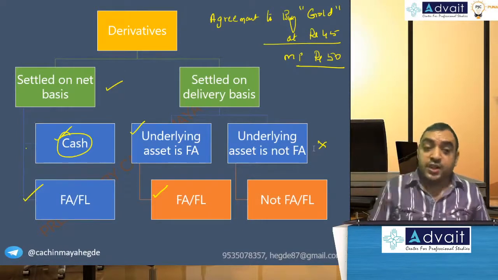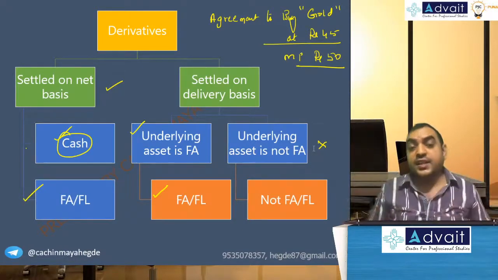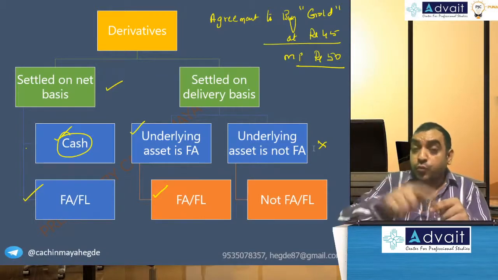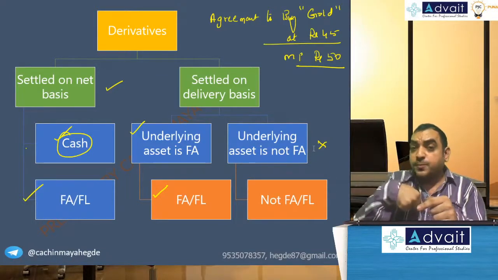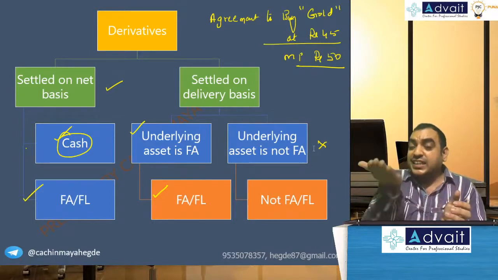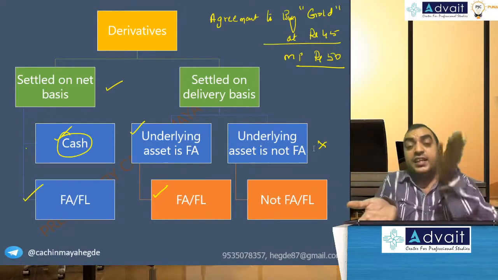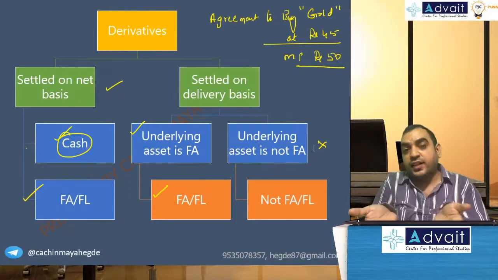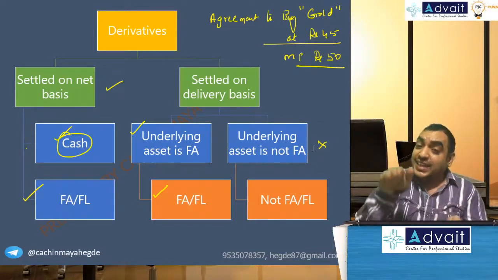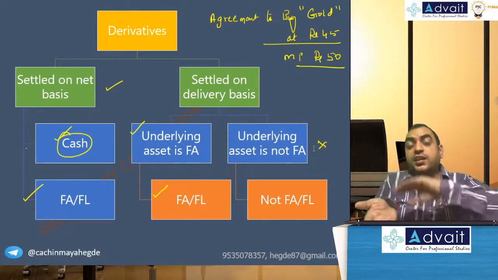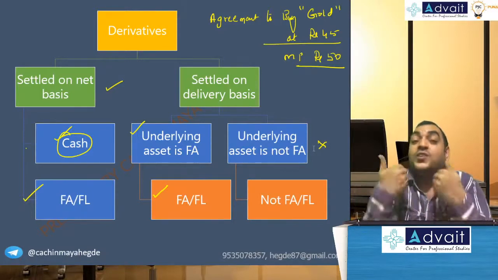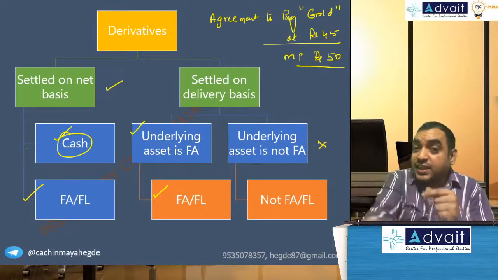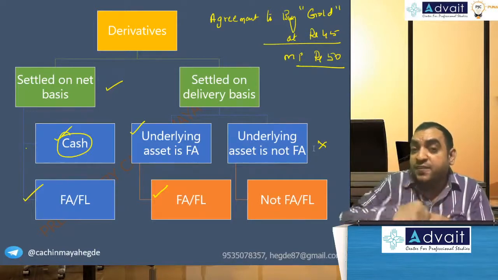If the settlement is on delivery basis, you have to look at the underlying asset, because tomorrow when the derivative is settled, that underlying asset becomes part of your balance sheet. So if the underlying asset is non-financial, the derivative is also non-financial in nature. If the underlying asset is financial in nature, the derivative is also financial in nature, because tomorrow on settlement, that underlying asset will substitute your derivative.